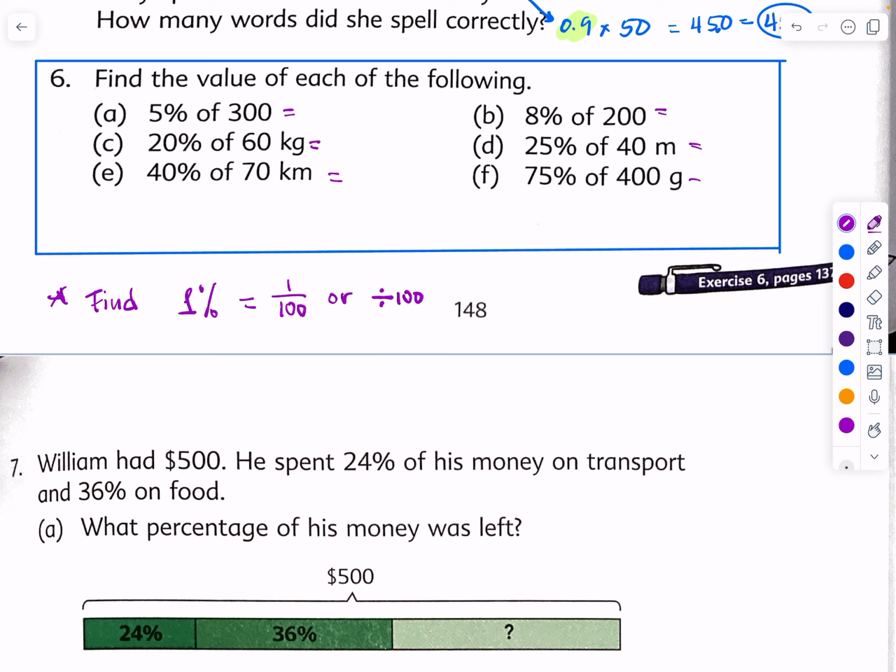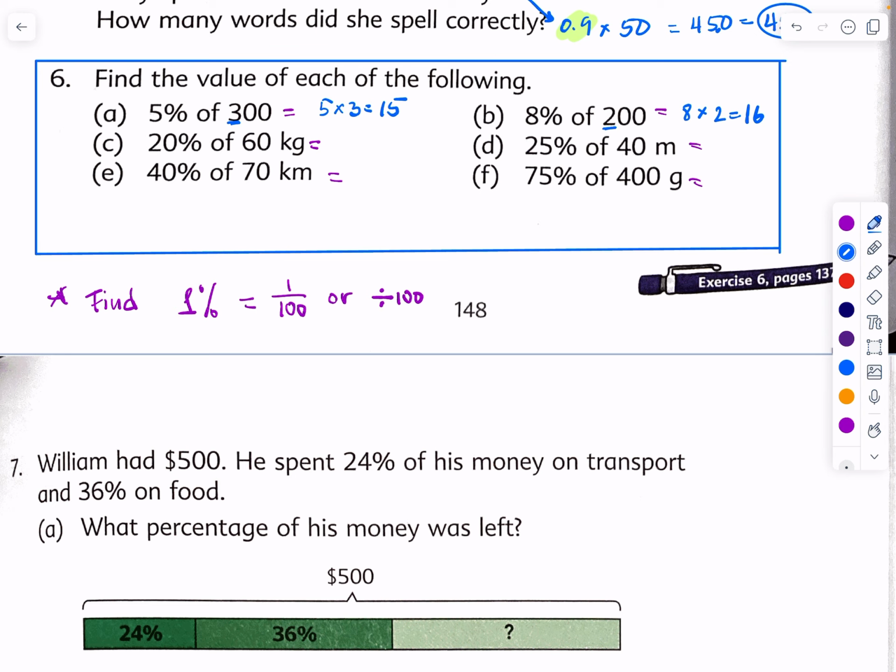Let's go. This is very important practice. 5% of 300. Well, we know that 1% of 300 is 3. 5% is 5 times 3 equals 15. 8% of 200. We know that 1% is 2, 200 divided by 100. 8 times 2 equals 16. 20% of 60.